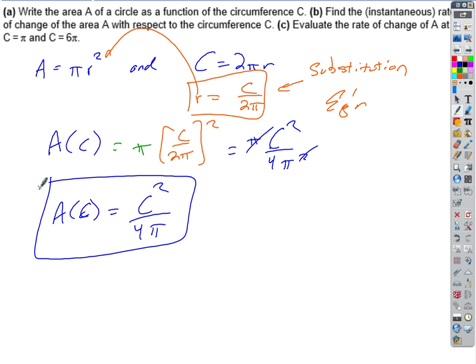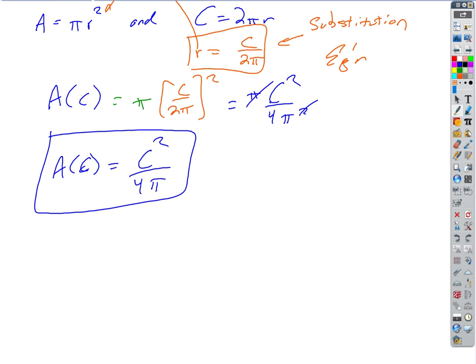So if I wanted to find the instantaneous rate of change of area with respect to circumference, what would that be? Derivative. Derivative of what with respect to what? Area with respect to circumference. Good. So we're asking about dA/dC. Another way of writing that would be what, if I use function notation?